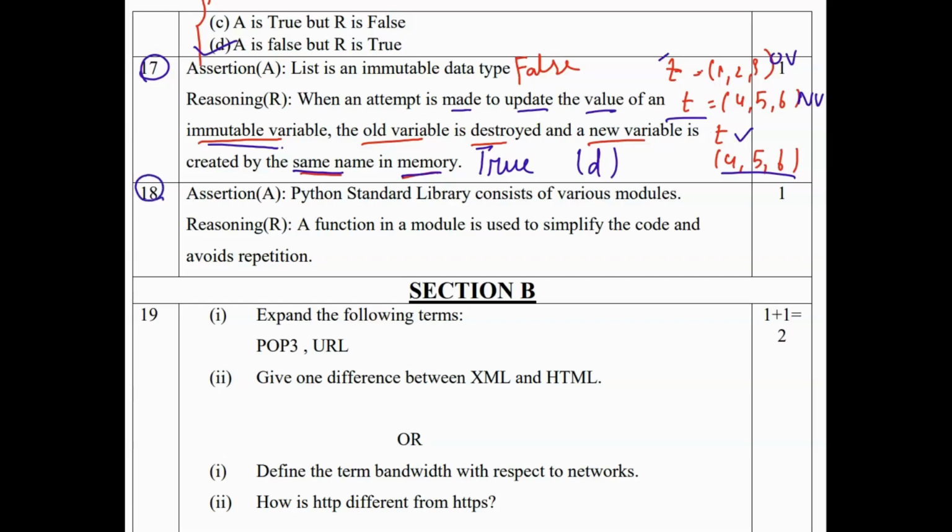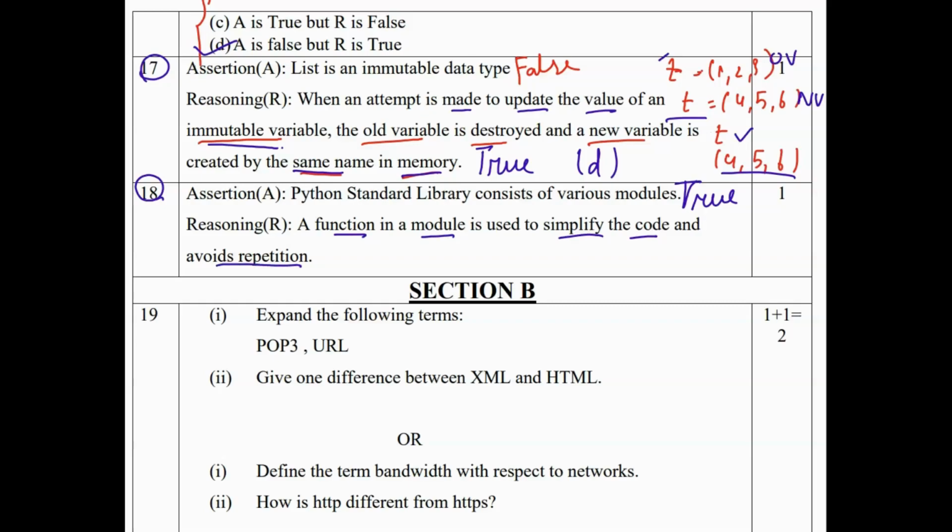And for question number 18, the assertion given is: Python standard library consists of various modules. Yes, it is true. We have various modules under the library. The reasoning given here is, a function in a module is used to simplify the code and it avoids repetition.